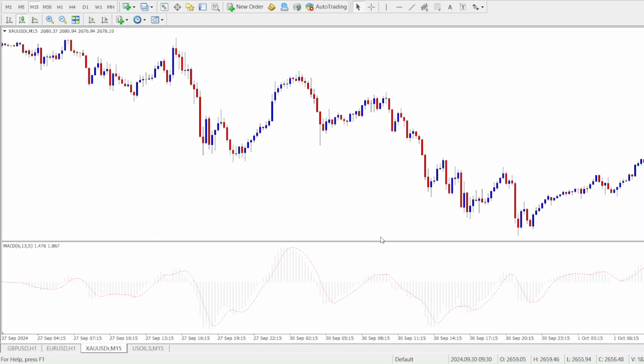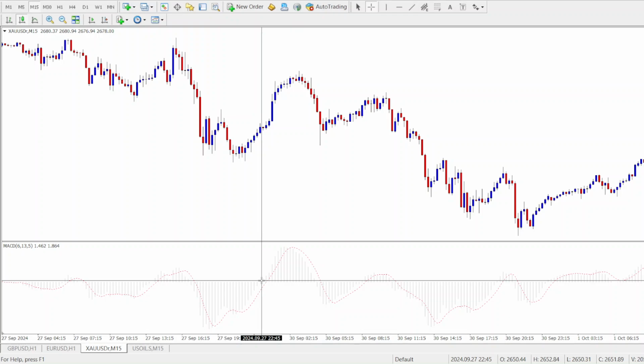So now, how do you use the MACD for intraday trading? For a bullish signal, you will be looking out for when the MACD line crosses above the zero line. When it crosses above the zero line, it indicates a buy signal.